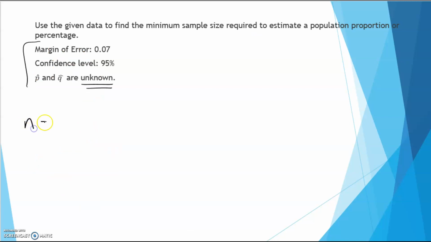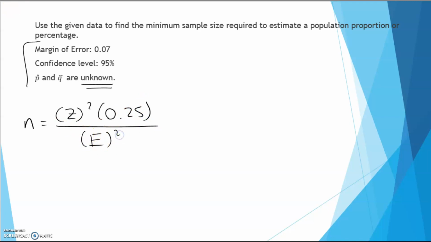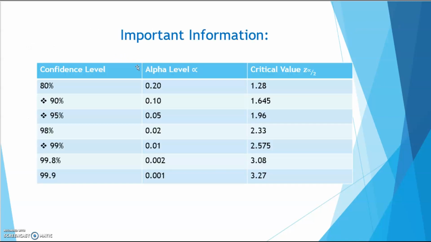Okay, so n is equal to z squared times 0.25, that's just part of the formula, divided by your margin of error squared. Okay, to get your z-score, that's going to come from your confidence level. If I've got a 95% confidence level, well then my critical value or my z-score will be 1.96.